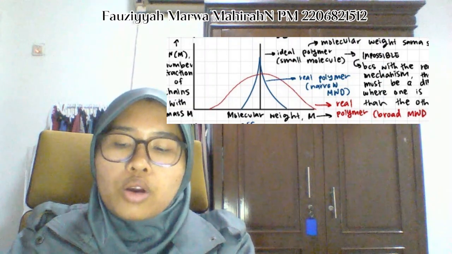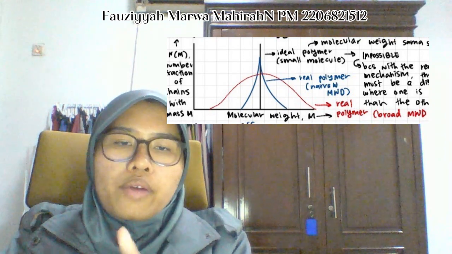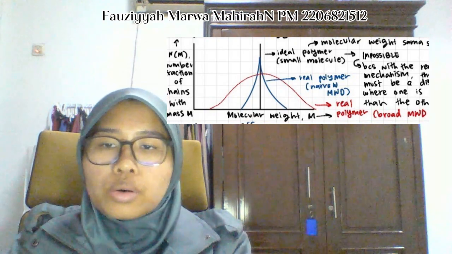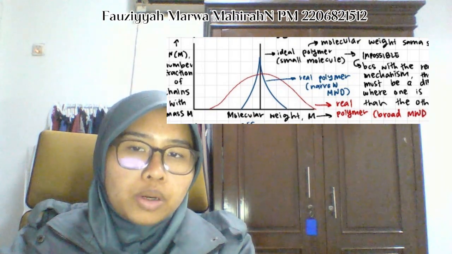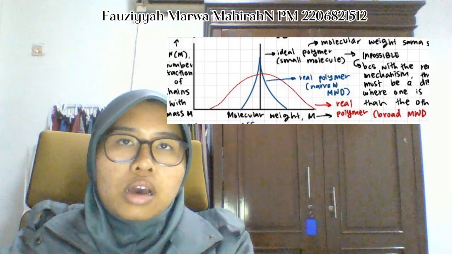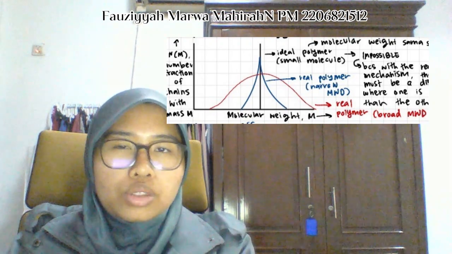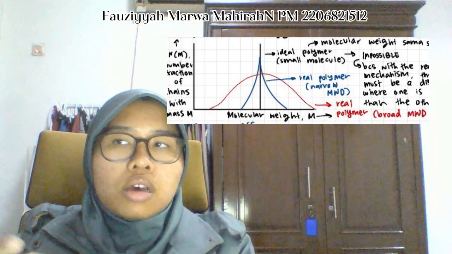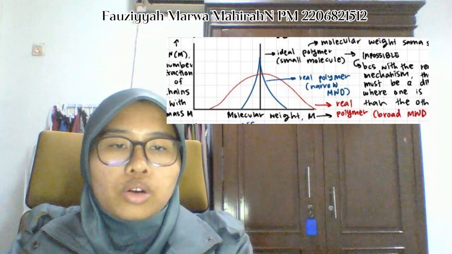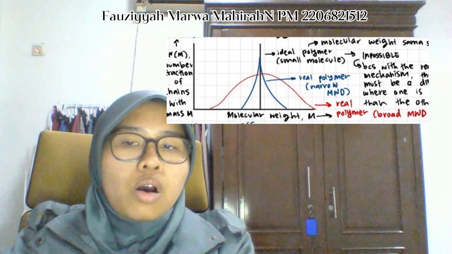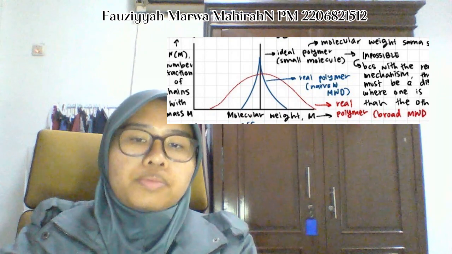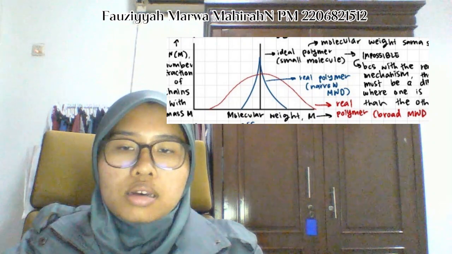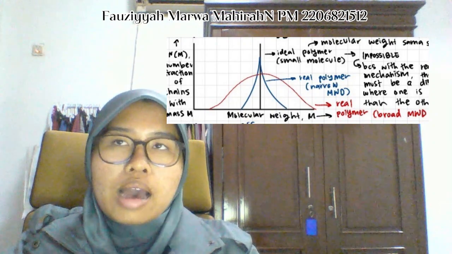A narrow MWD has similar or identical molecular weights, not all perfect though, but low on dispersion. And a broad MWD has a wide variety of molecular weights spread out over a broad range. So in here, less dispersity means high regularity, and more dispersity means high randomness.